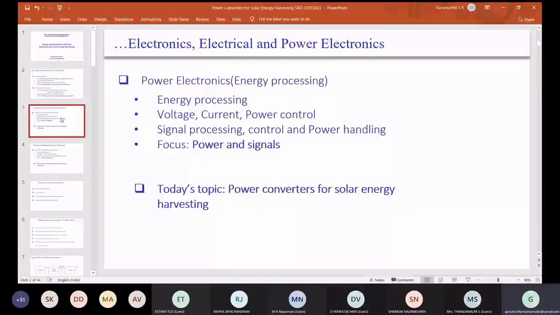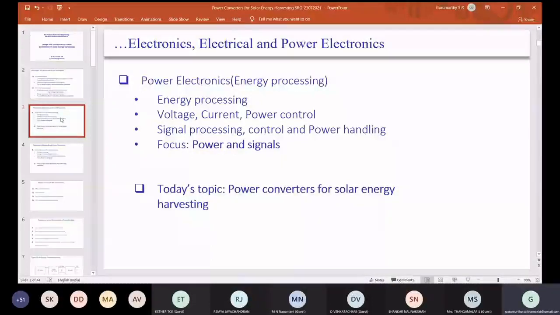Since we have to have control over the voltage, current, power or speed, we have to have a closed loop feedback system. So we have to sense the signals, process them, and adjust the set point and feedback. So we have to have signal processing as well as power handling together.